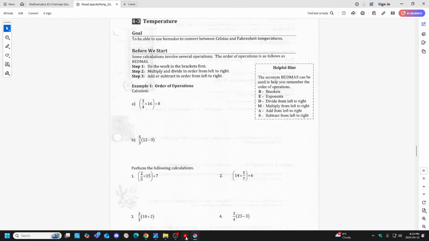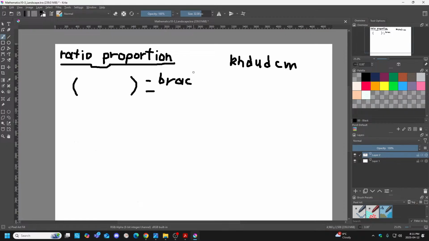They're also called parentheses. I always mess up parameters and parentheses all the time.